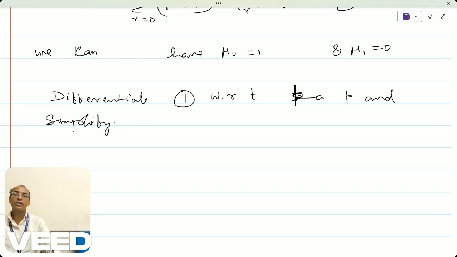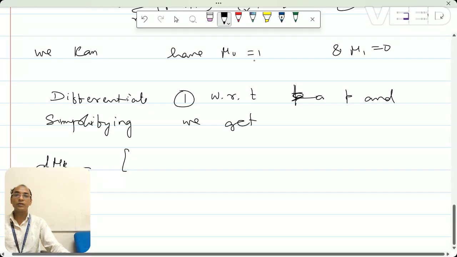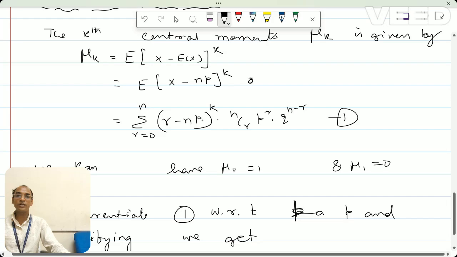We get d mu k divided by dp, which equals pq into, simplifying this, whatever we have we will differentiate with respect to p.